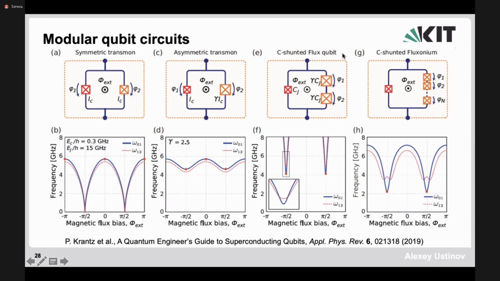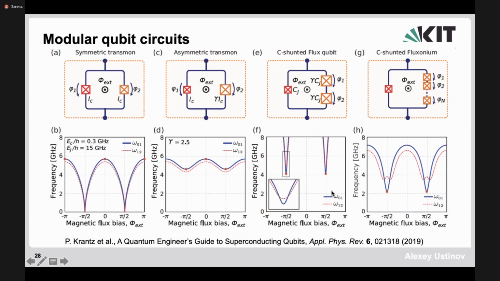For the C-shunted flux qubit, something which we didn't discuss specifically, but which also exists, basically it's a flux qubit which has an additional capacitive shunt, making the charge noise less critical for the device, and it has the dependence on the magnetic flux which is shown here. And interestingly, the transition 1-2 actually becomes at a frequency a bit larger than the frequency 0-1 at half flux quantum.